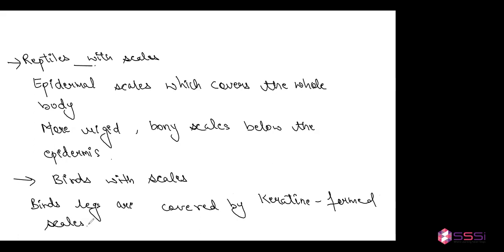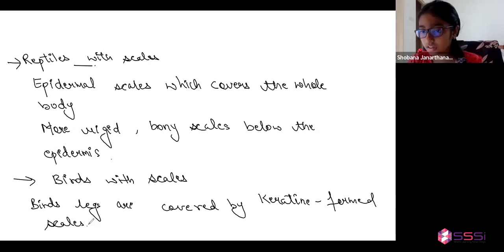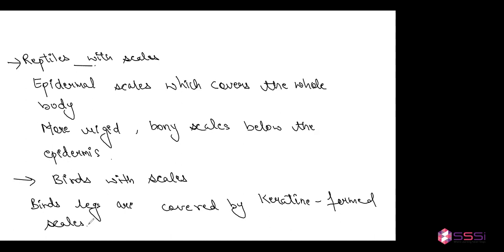Depending on the species, these scales can be found on the fingers, and they can extend to the ankle joint. Have you seen the legs of birds? How their claws are formed? How hard they are, right? So only the leg part is covered with scales. Otherwise, they do not have scales; the whole body is covered with feathers.